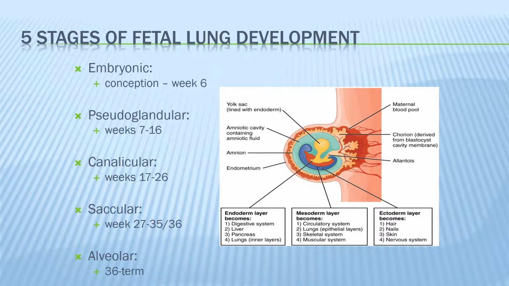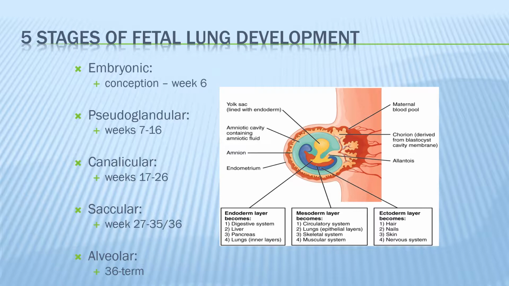And so around day 24, those two should separate. If they do not separate, then the result is esophageal atresia. If the diaphragm doesn't completely form and close the way it should, this can result in what's called diaphragmatic hernia. So if this abnormality occurs, it's going to be occurring during this stage.